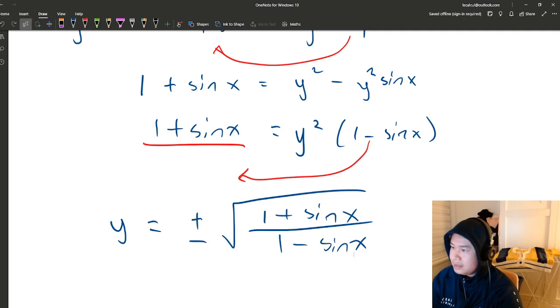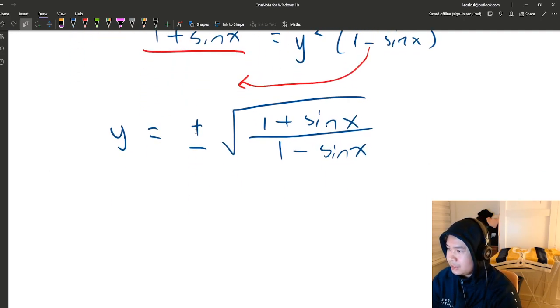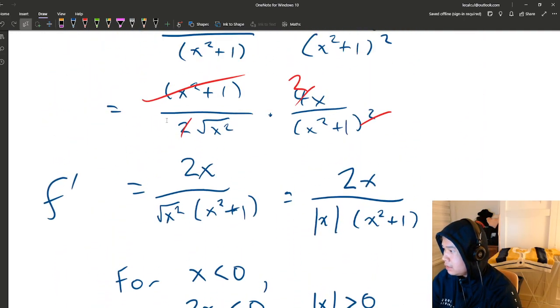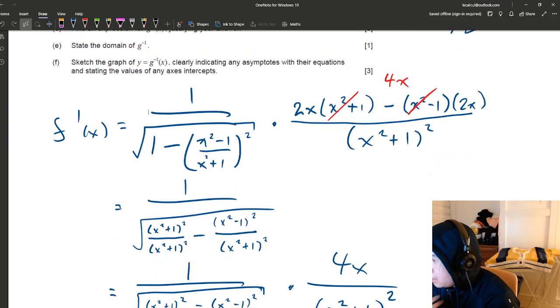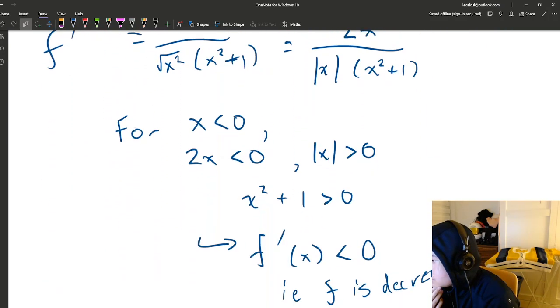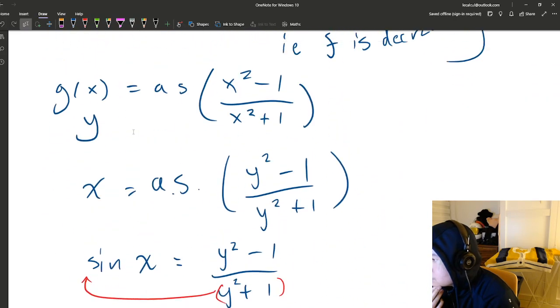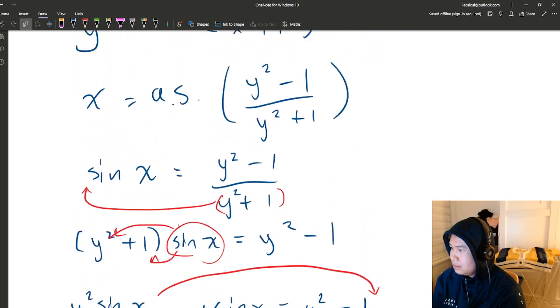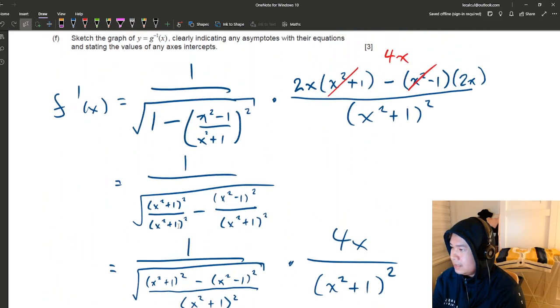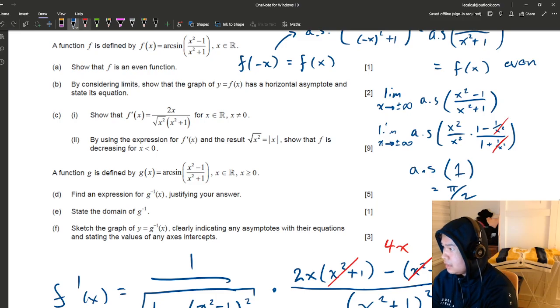Now this is a relation, it's not a function, and they want us to have it as a function, right? Find an expression for a function. So we need to choose whether or not it's going to be positive or negative, the y's. Oh, and that's why they told us this. So this is our domain right here, right?